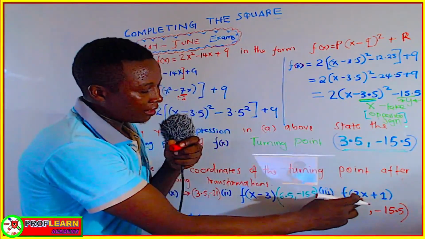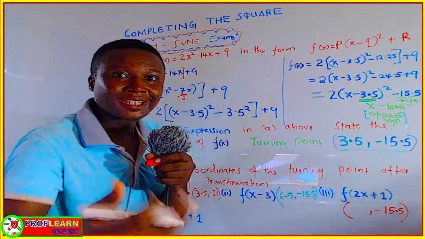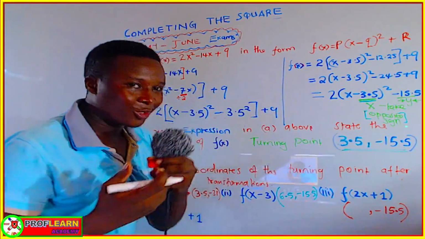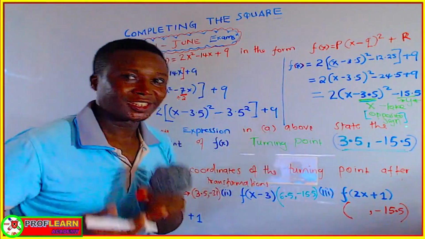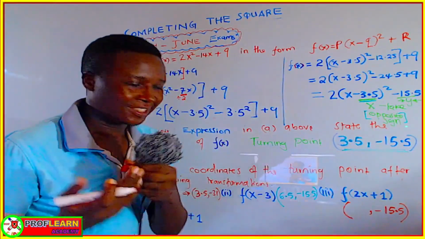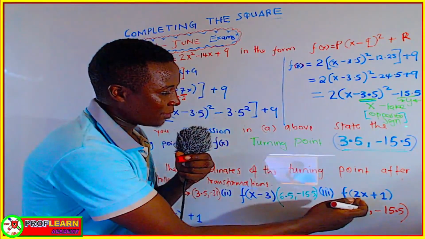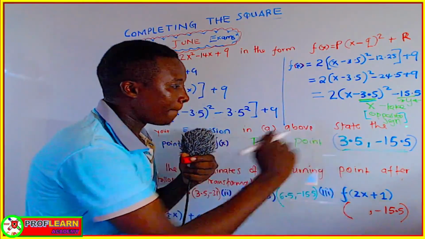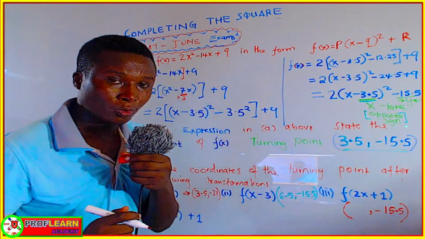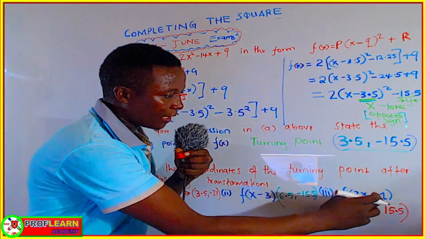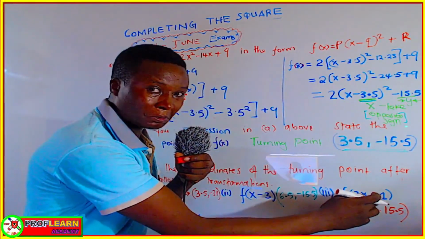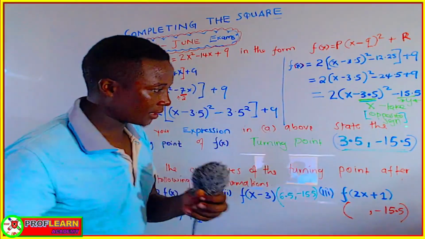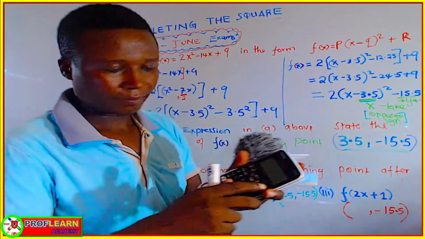Now, you see, this is 2x, 2 times x. We agreed that we are going to do the opposite of what the transformation is telling us when we're dealing with the x coordinate. So this is going to be the x coordinate divided by 2, and then we are going to subtract 1.